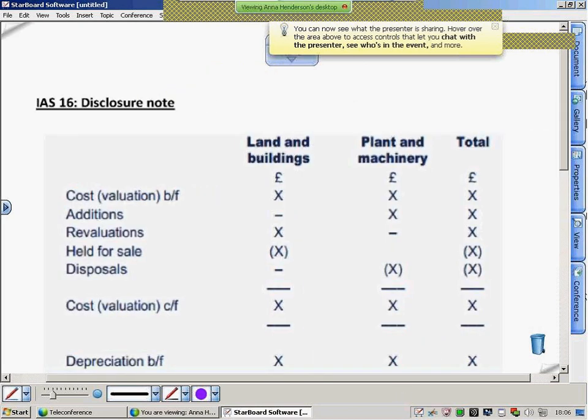Into the book given for this tutorial, so what we're going to do is have a chat through what is in IAS 16 and which is in the disclosure note section. So the disclosure note is going to be essentially behind the financial statements.